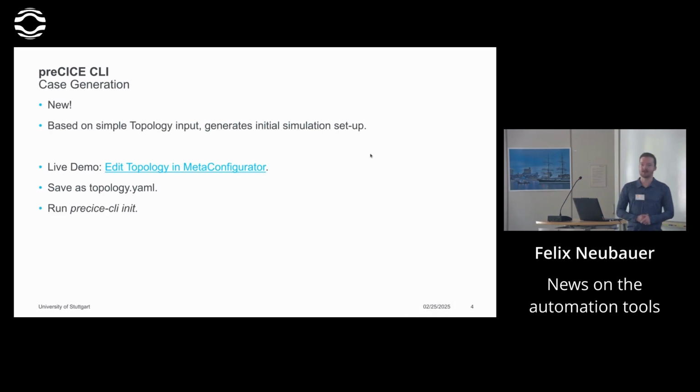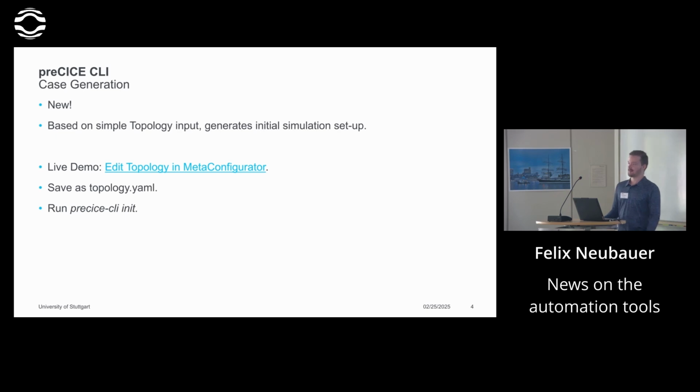Now I will show one new utility which did not yet exist, which is the case generation. As you all know, we are doing this standardization process of the adapter configurations. One of the benefits we now get is that if all adapters follow the same format, we can easily generate things. In this case, based on a quite simple topology input file, you can generate your whole initial case file structure and preCICE config.